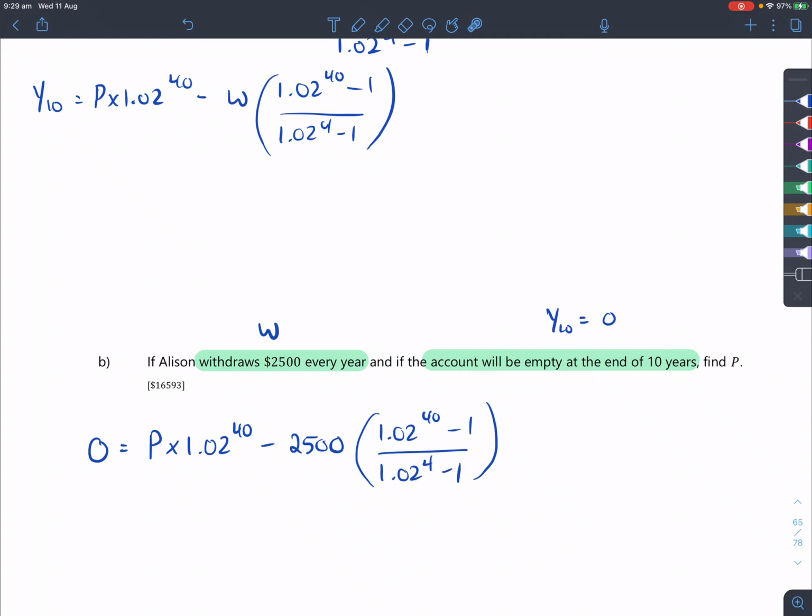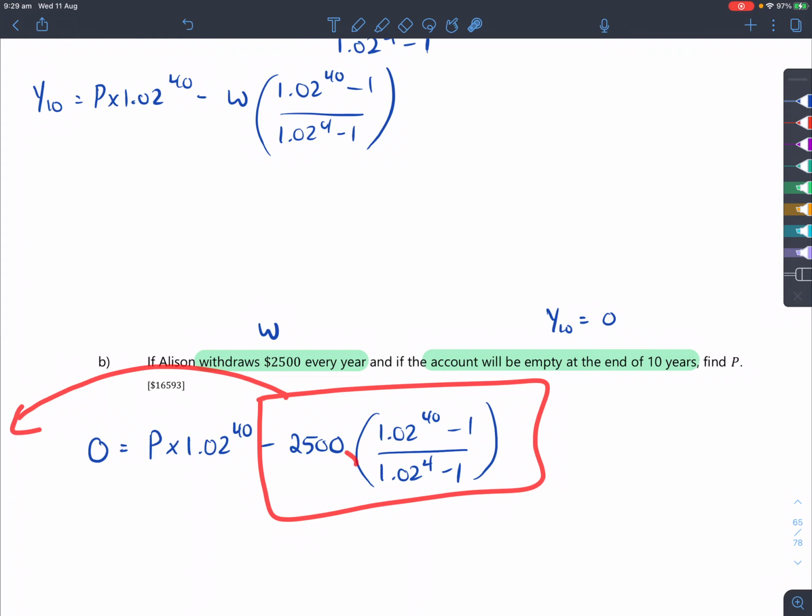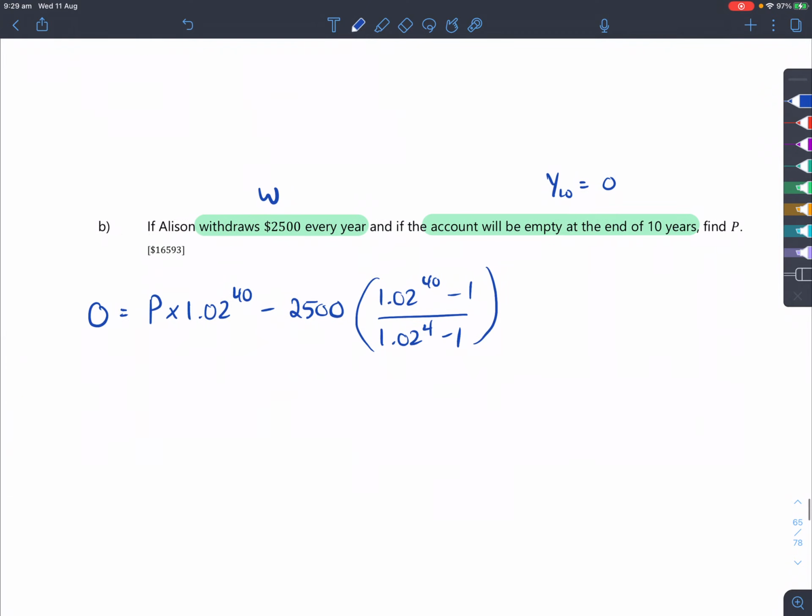So all that it is for you to rearrange this formula to solve for P. So if I just move this over to the other side, I'm just going to cheat and copy that over. Here we go. So that should equal to P times 1.02 to the power 40.